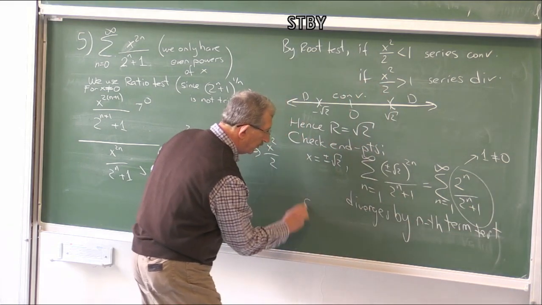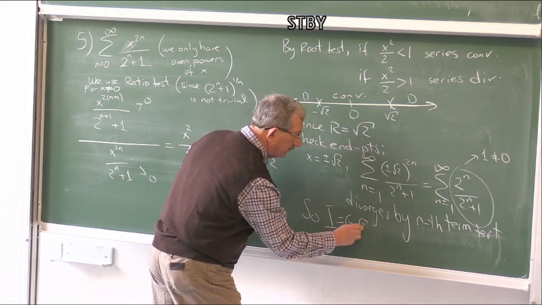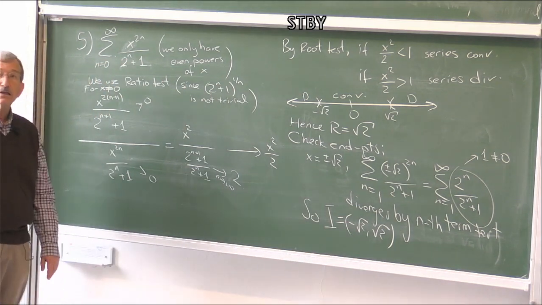So the interval of convergence is the open interval from minus root 2 to plus root 2.